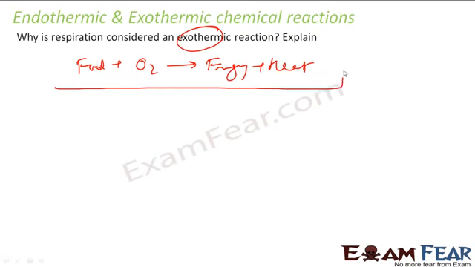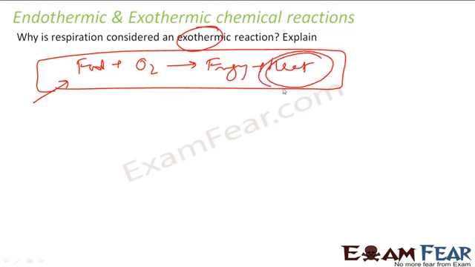This is the typical equation for respiration. Since the heat is coming out, it is an exothermic reaction. Hope you understand this. In respiration, you have food in the presence of oxygen, and the body, using catalysts and enzymes, produces energy and heat.